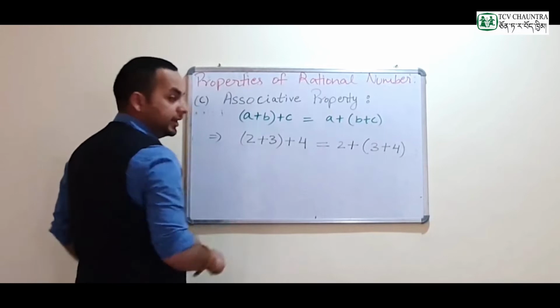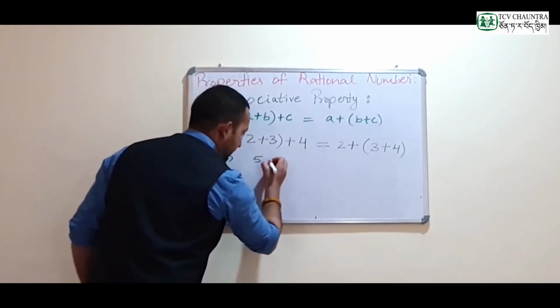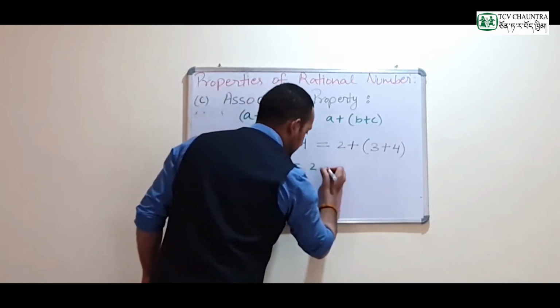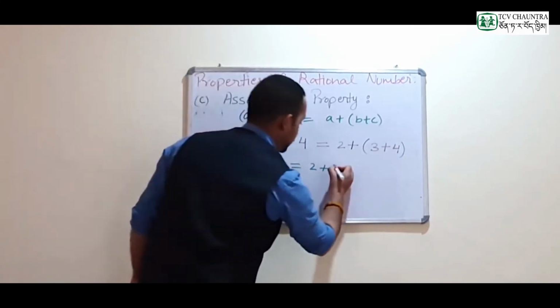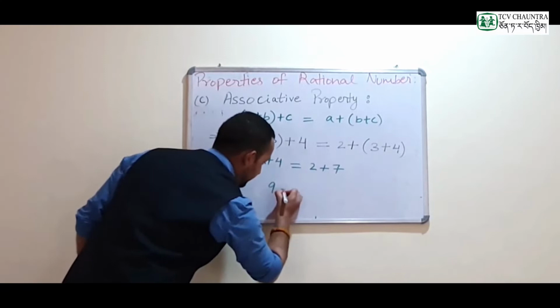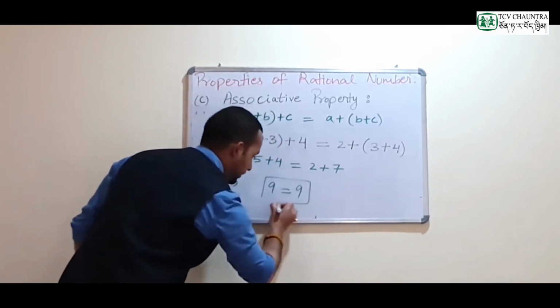Now 2 plus 3 is 5, plus 4 as it is. On the other side, 2 as it is plus 3 plus 4 is 7. Now 5 plus 4 is 9. 7 plus 2 is 9, which means 9 is equal to 9.